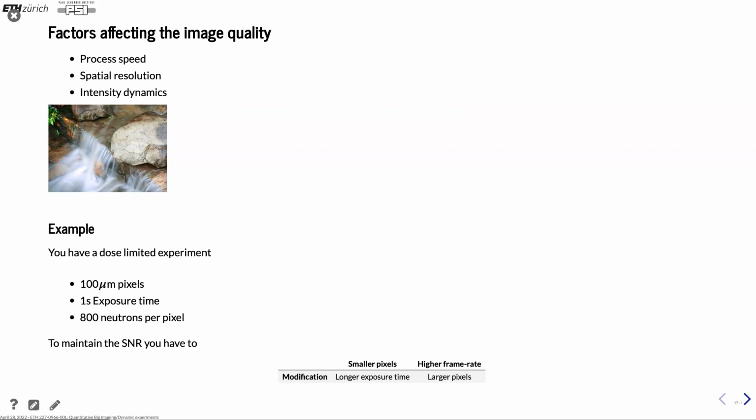The question is only whether your process is so fast that you come into this corner where you need to balance these things. For example, at the synchrotron, we are probably talking about microseconds and nanometers instead of milliseconds and hundreds of microns. But every technology has its limitations where you come into this case.